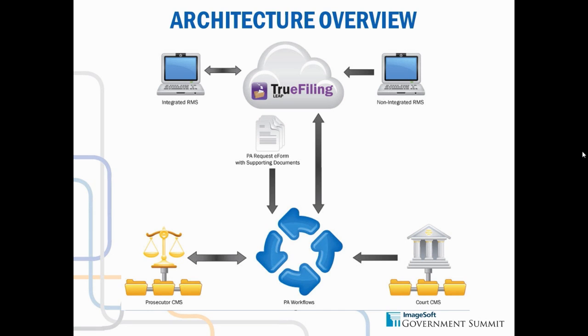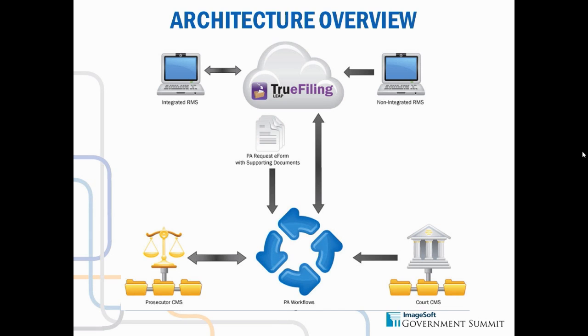And then we've got the non-integrated version, where they would log into a secured portal, the True Filing portal, to communicate with the prosecutor's office. All this communication is normalized, where the initial request comes in with supporting documents and evidence to the prosecutor's office. They've got a standard set of workflows used to screen those requests and to prosecute cases.